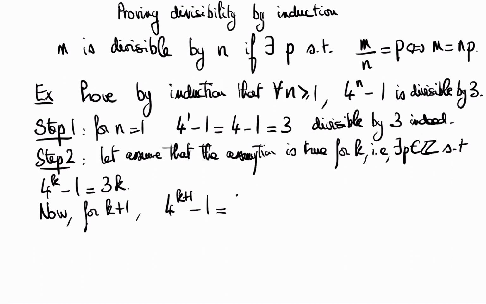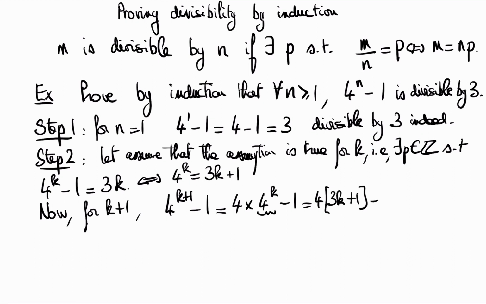Well, I can rewrite 4 power of k plus 1 as 4 times 4 power of k, minus 1. And then this, using our assumption, because our assumption says 4 power of k is equal to 3p plus 1, so therefore, I can rewrite as 4 times 3p plus 1 minus 1.